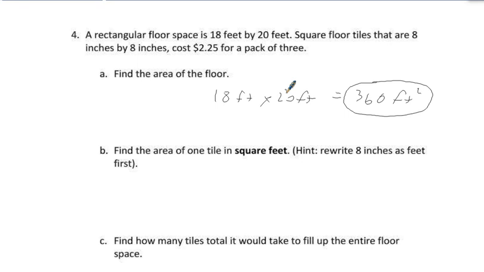Now find the area of one tile in square feet. In the problem, the square floor tiles are 8 inches by 8 inches. Units are very important in this problem. 8 inches times 8 inches, and you'll see I'm writing down the units in each of the math problems so that when I'm doing work later, I'm working only in feet and all the units are uniform.